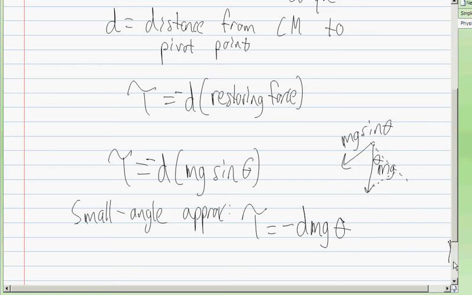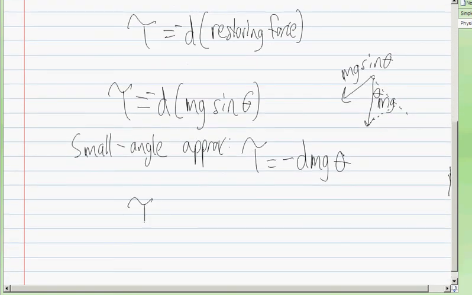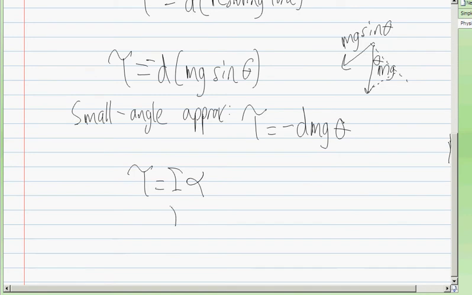Well, we know torque is related to the acceleration of the system. Torque equals I alpha. And remember that the angular acceleration is just d squared theta over dt squared equals the torque.